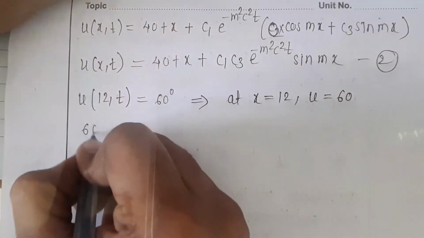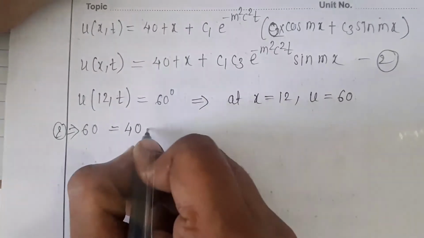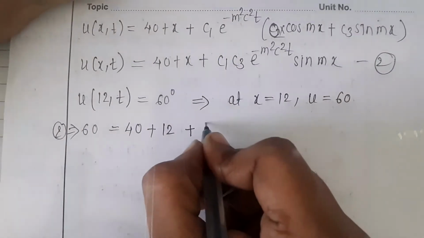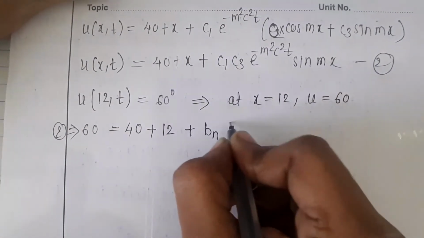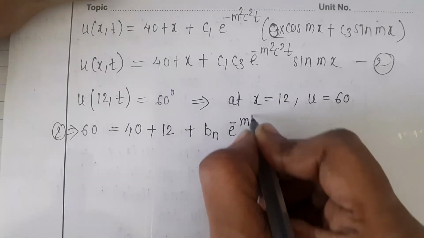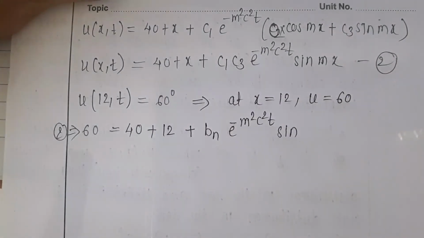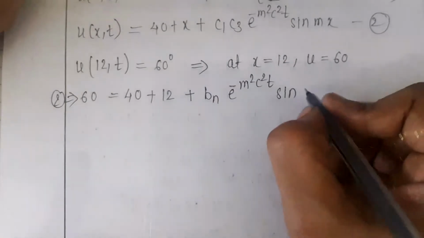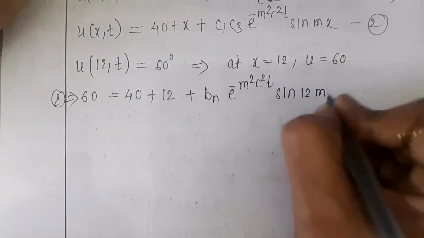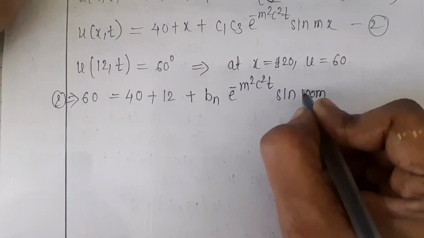So use here equation 2, which implies 60 is equal to 40 plus 20 plus c1 into c3, which we can denote by bn, e to the power minus m square c square t multiplied by sine of, x value is 20, so 20 m.